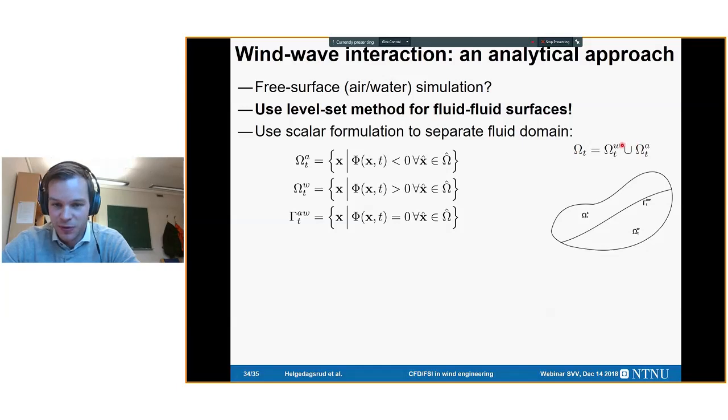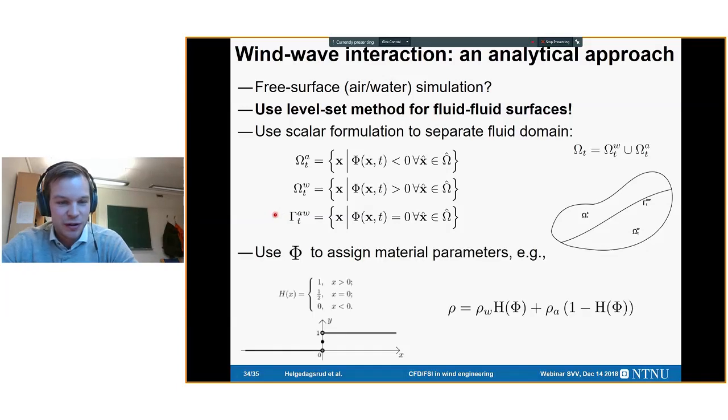They are governed by the same equations. And we add a scalar function or a scalar field to our fluid mechanics, which is such that if it's negative, we can call it air, and if it's positive, we can call it water. And at the value of 0, we have the air-water interface.